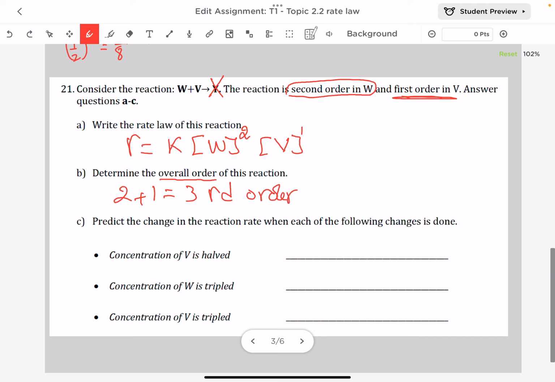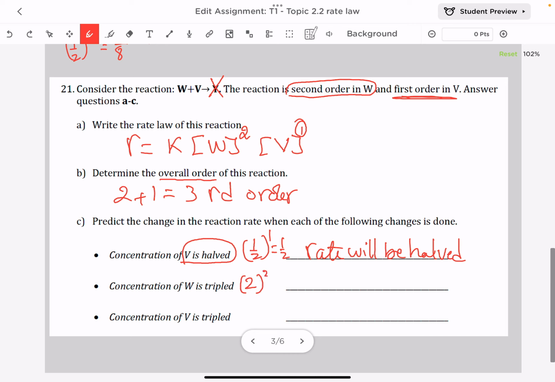Now what's going to happen if V is halved? V is first order. Whatever you do, the change is the same. If V is halved, the rate will be halved, because V is first order, so half to the power of 1 equals half. If the concentration of W is tripled, now W is second order.